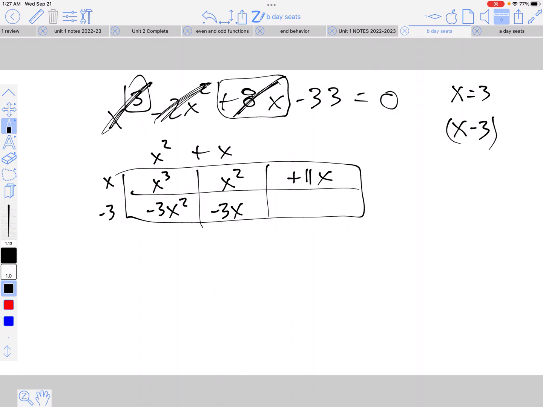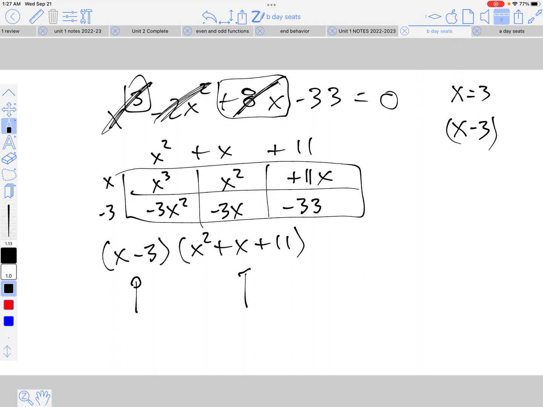So 11 minus 3 is 8x, which means I had an 11 here. And of course it works out nice because through the remainder theorem, I already knew that the remainder was going to be 0. Alright, so far my factors are x minus 3 times x squared plus x plus 11.